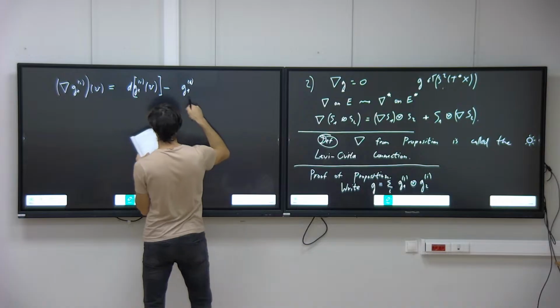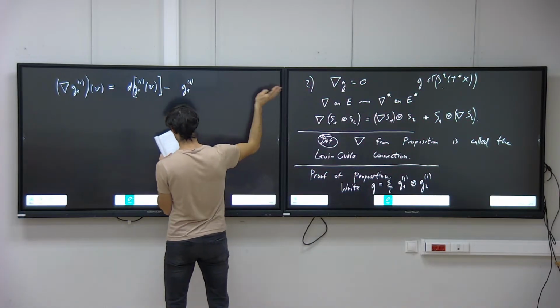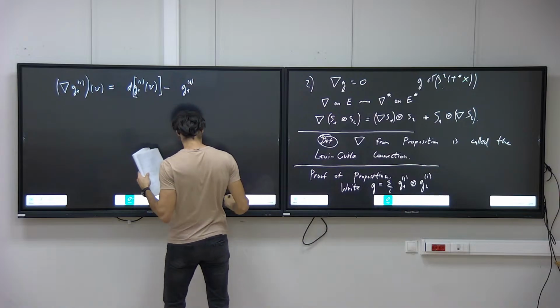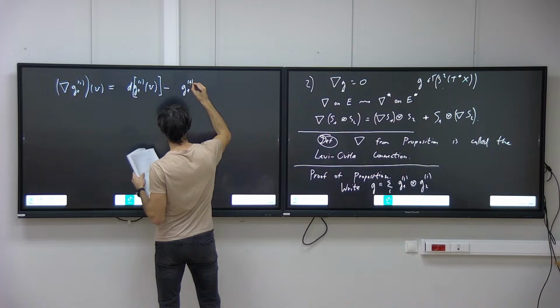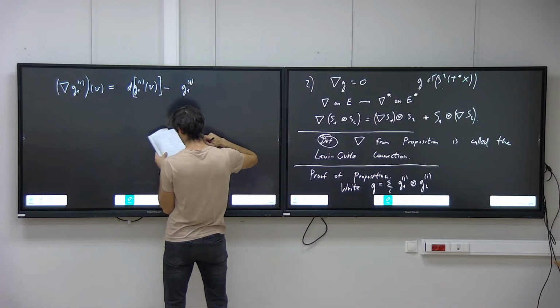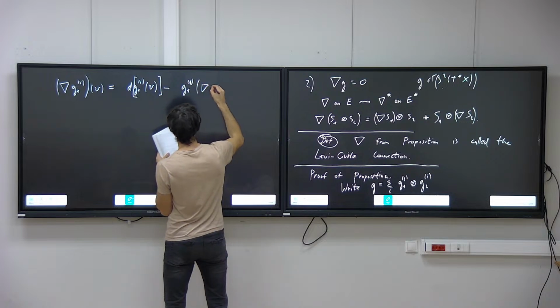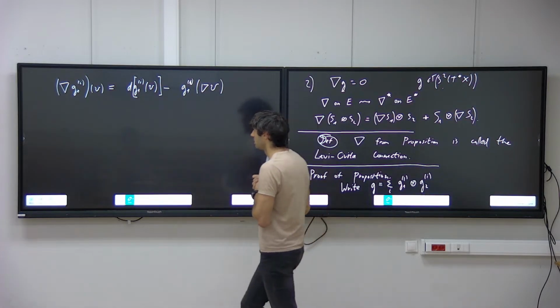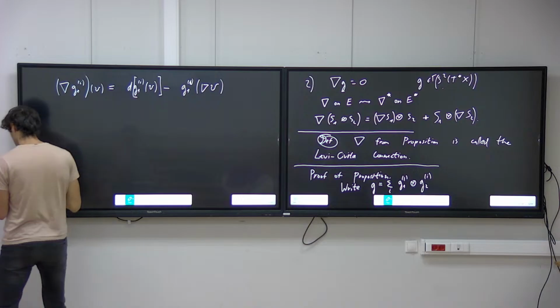I can replace 1 with 2 here, or with any section of T*X. But just as a recall of what nabla star is, I need g_1i of nabla V.